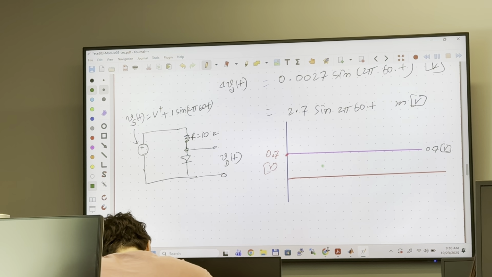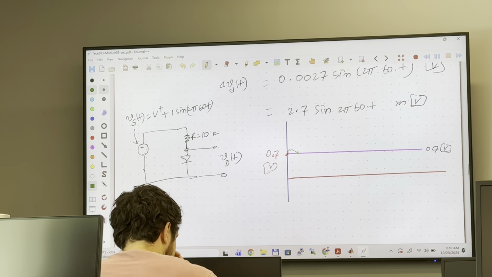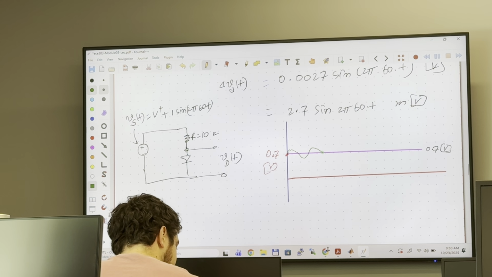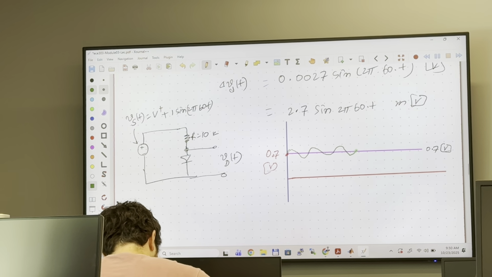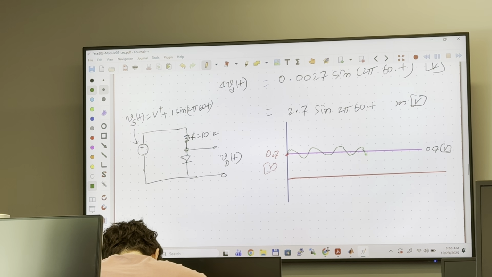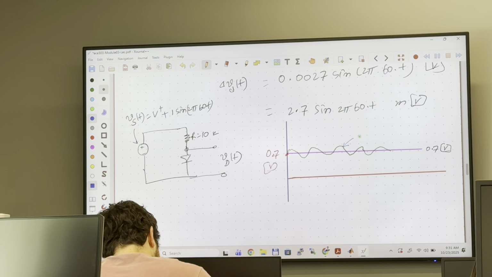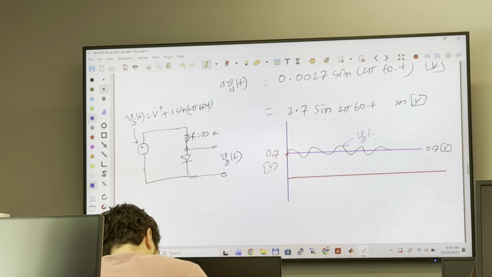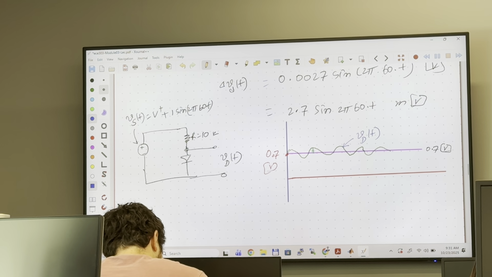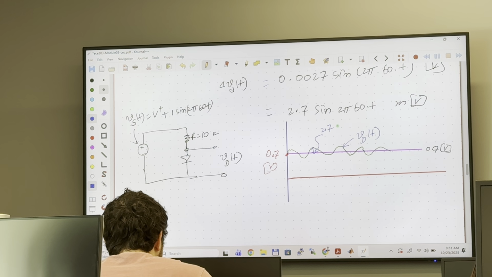Now what you do, you get a sinusoidal signal on top of it. So this is your total voltage vd(t), and this amplitude is 2.7 millivolt.